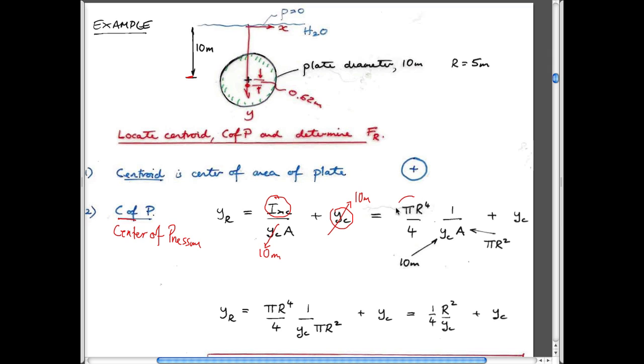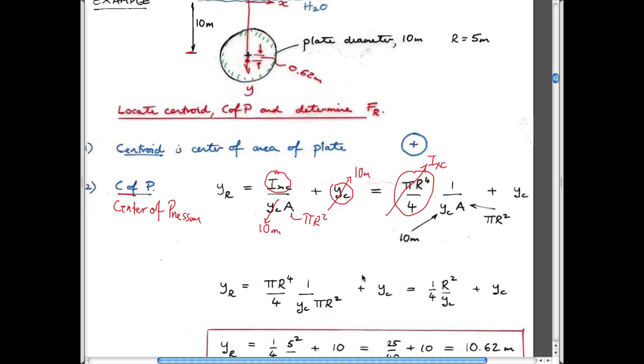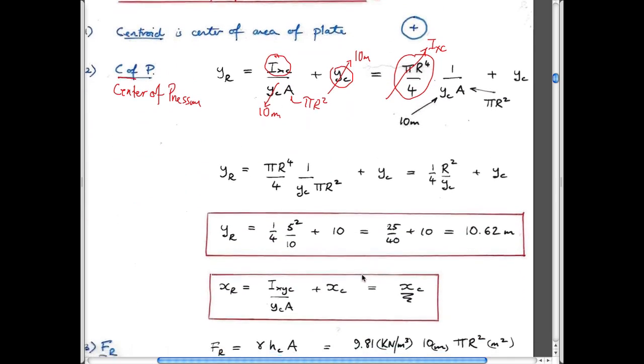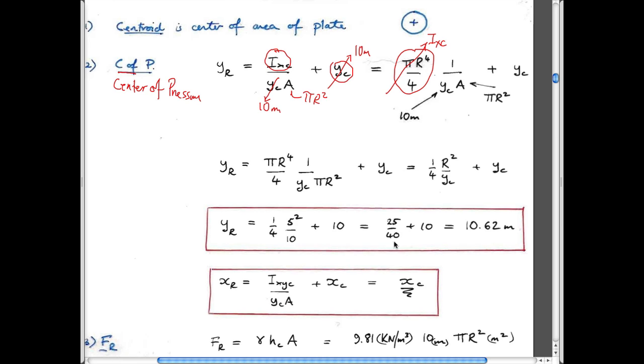So this is I sub xc, the second moment of area about the centroid of the plate. The area you can get from pi r squared, where r is equal to 5 meters, and the rest is plug and chug, and you end up with an expression which gives you the depth of the center of pressure: 10 meters plus the offset.